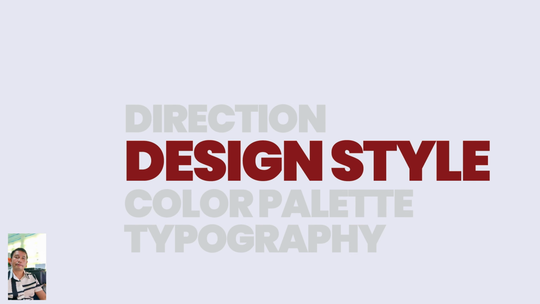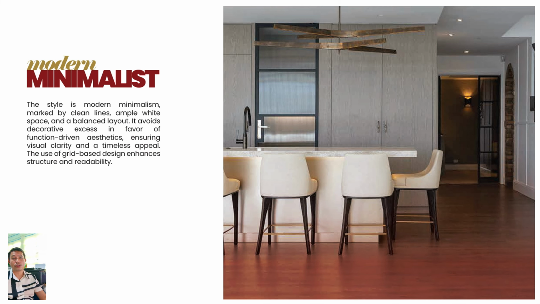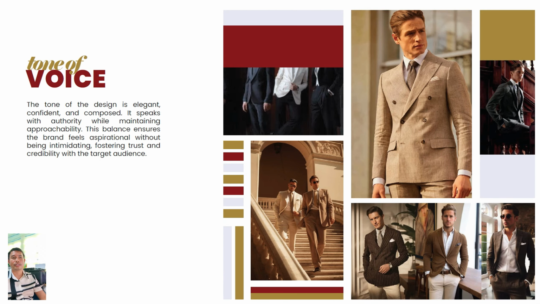So, the design style that I have chosen is modern minimalism, okay, which is more of the clear lines, ample white spaces, okay, a balanced layout that can give us visual clarity and harmony.